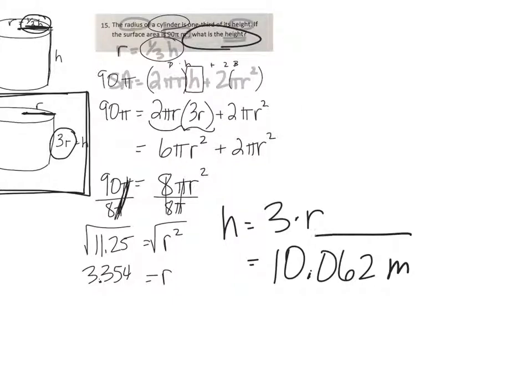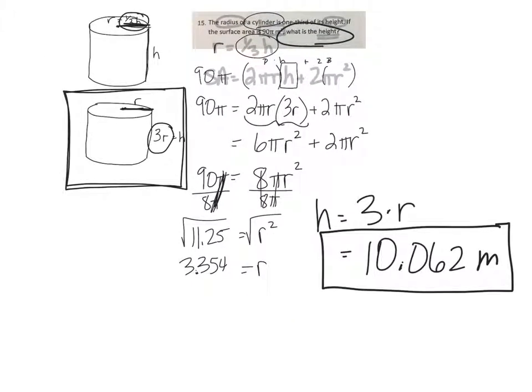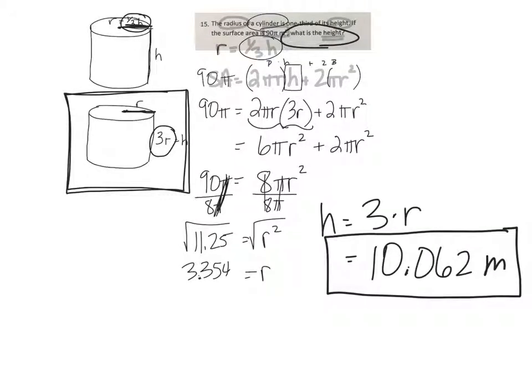Meters is the unit. So it's important to be able to assign variables when you have these algebra problems. There are two variables in a surface area formula for a cylinder. It's best if you make the smallest thing the whole number variable and then relate the other one to it, like that.